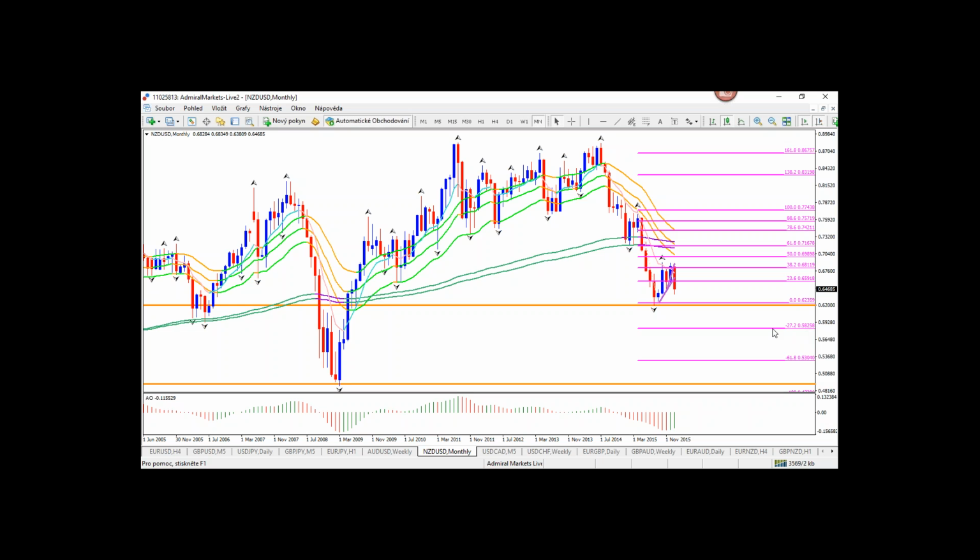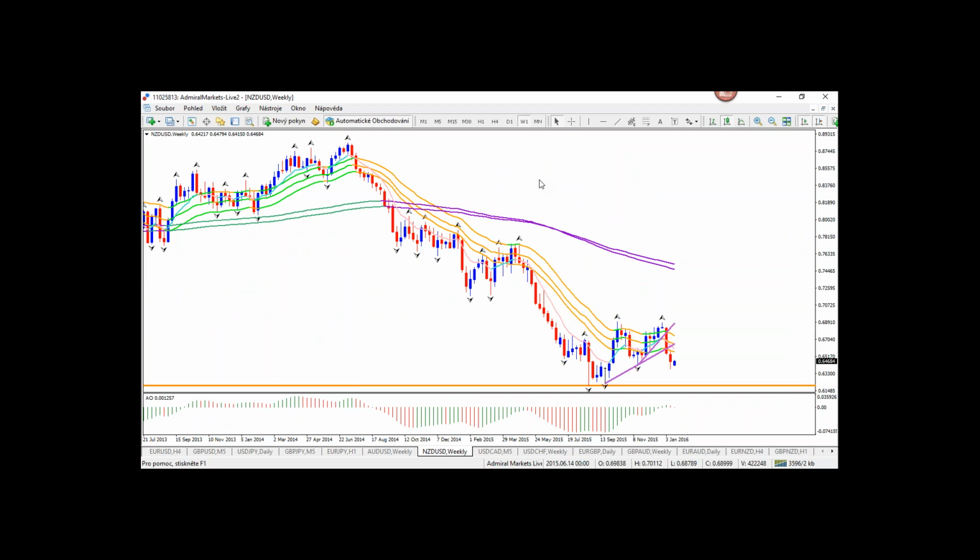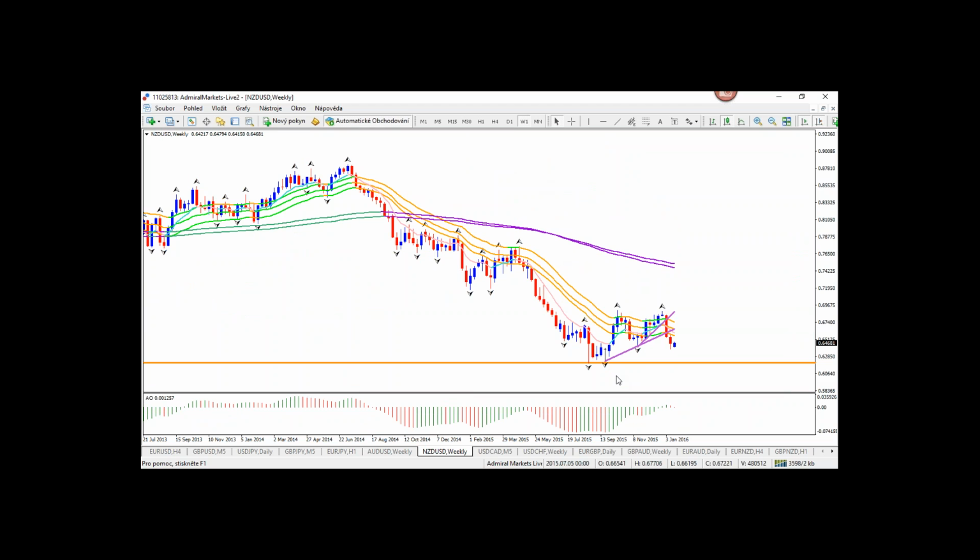So 58.25 is the first minus 272 target on this chart. So it's got a couple of weeks still left to break this bottom, and then it could continue down for another few hundred pips there, at least, if not perhaps lower. It could go to the next target as well.